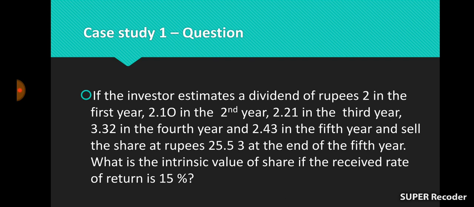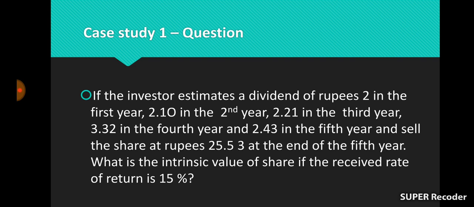So the investor is holding the share for 5 years, and D1 is 2, D2 is 2.10, D3 is 2.21, D4 is 3.32, D5 is 2.43 and P5 is equal to 25.53. K is 15%.